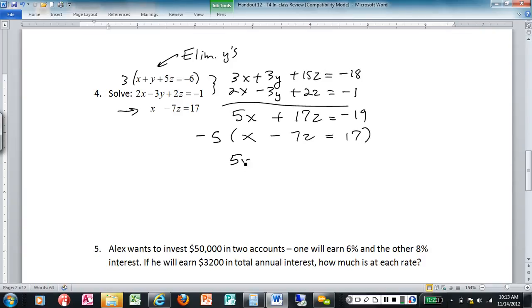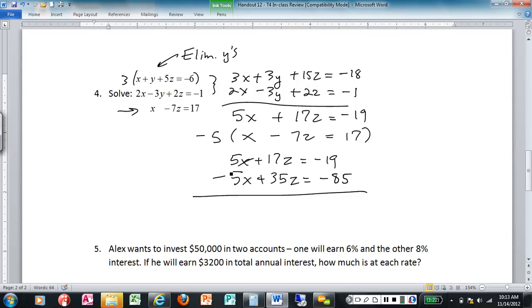So I have 5x plus 17z equals negative 19. But on the bottom, I'll have negative 5x plus 35z equals negative, is that 85? The x's eliminate. So I have 52z equals negative 104. Hey, that works out nicely. Z is negative 2.